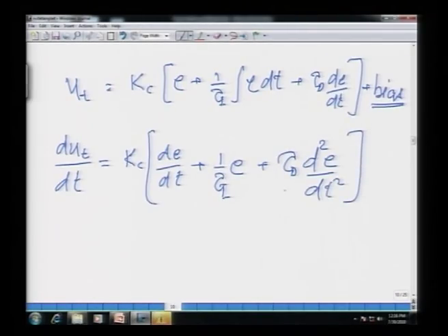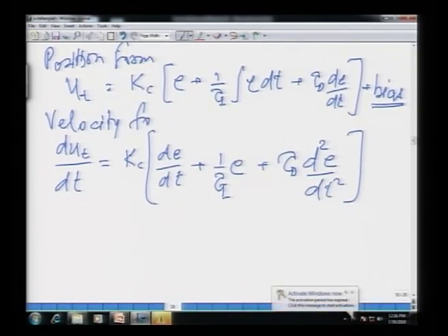This first equation is called the position form of the PID algorithm, and the equation you get after differentiating it is called the velocity form of the PID algorithm. Now, this velocity form is actually quite instructive.